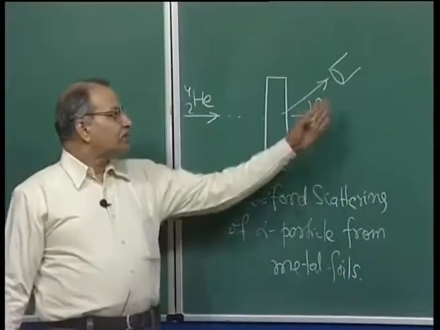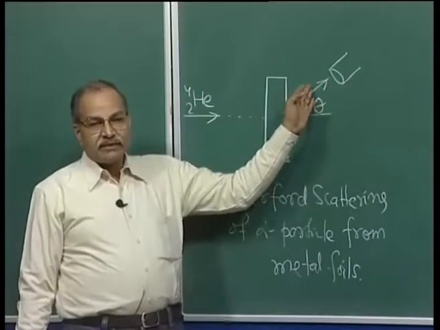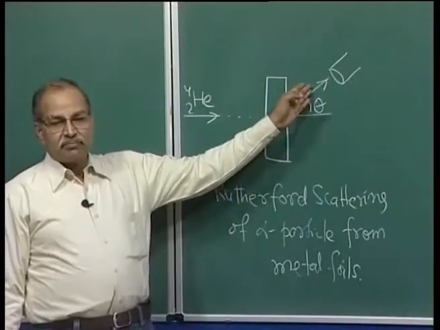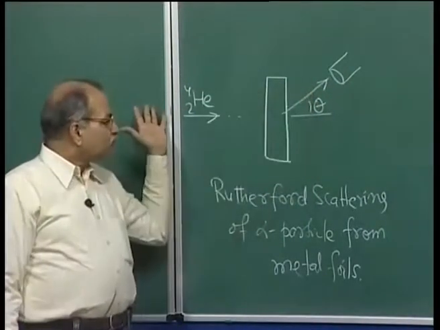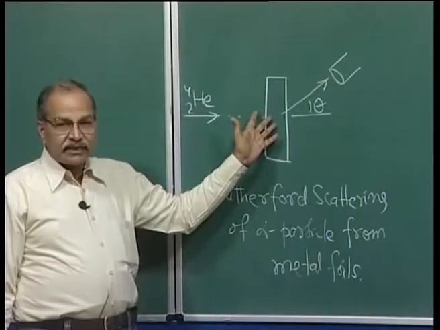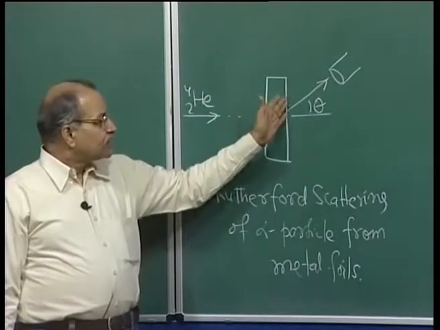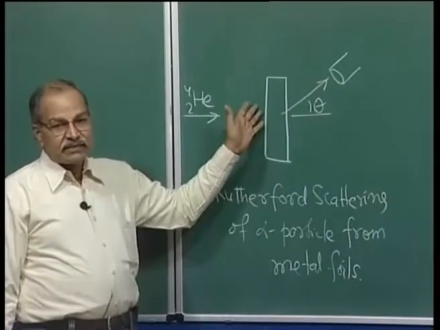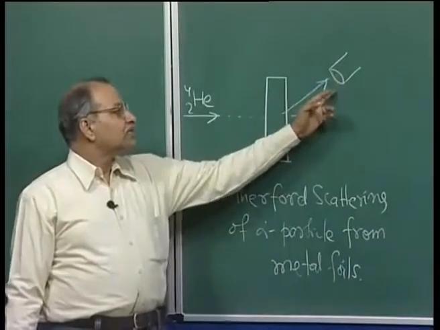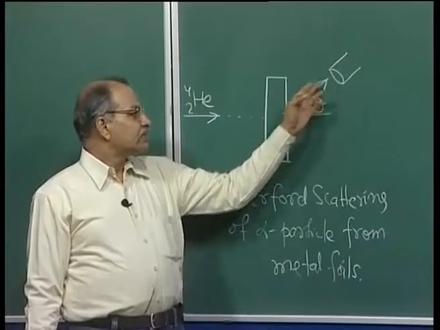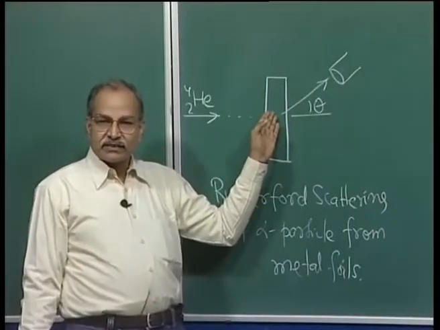So, the number of particles which are detected at a particular angle theta, scattering angle theta, will depend on the number of particles that are falling on the target in that time, the number of target nuclei with which it is interacting, what is the solid angle subtended by this detector here, all those things.